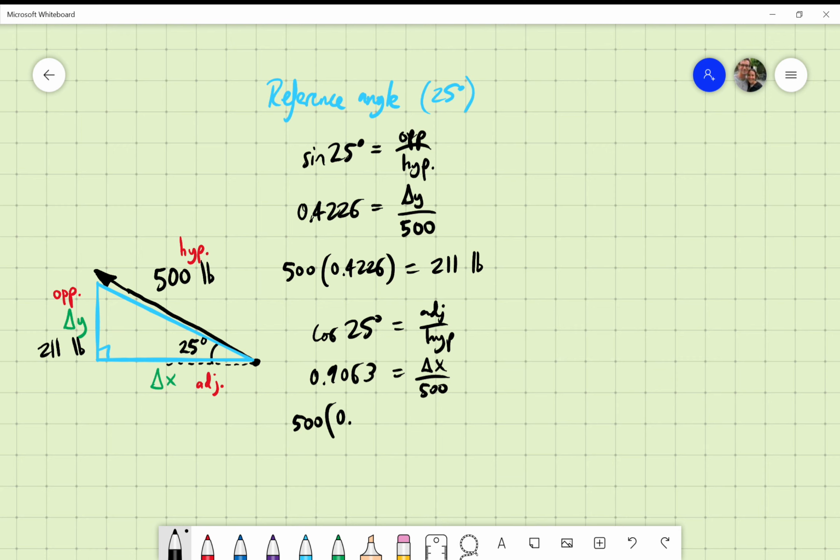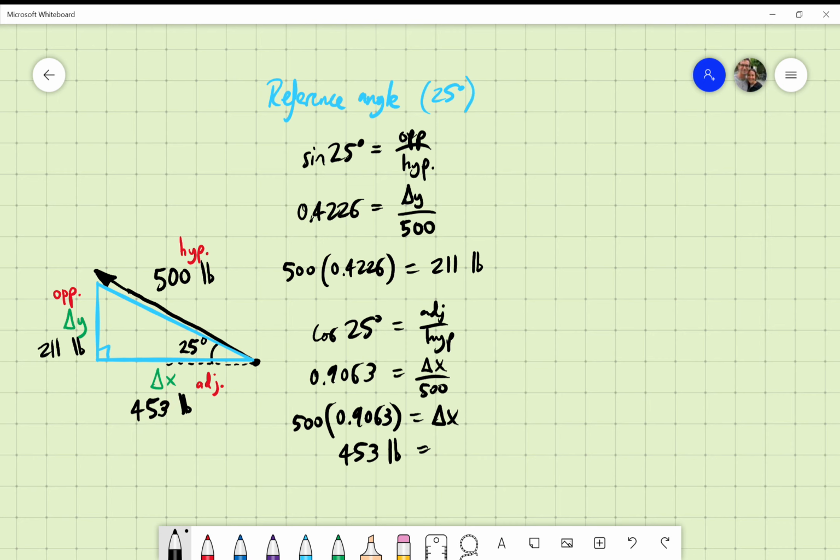Multiply 500 onto both sides to solve the equation. 453. 453 pounds is the answer. Okay, I wrote that differently last time, that's okay. 453 pounds, so I will label that right here.